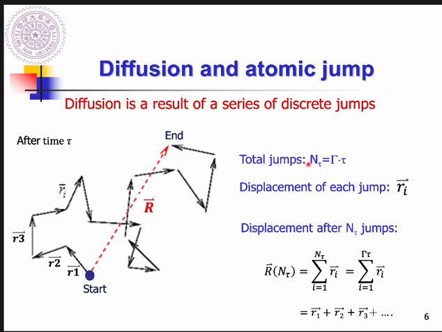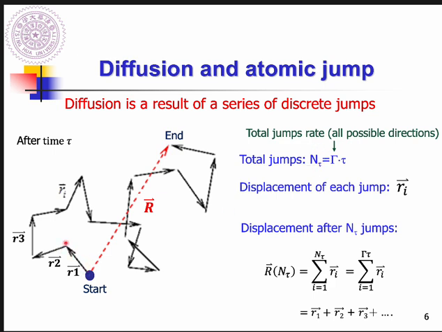The total number of jumps equals gamma, the jump frequency, times the diffusion time tau. So gamma is the total jumping rate, the total number of jumps per second.